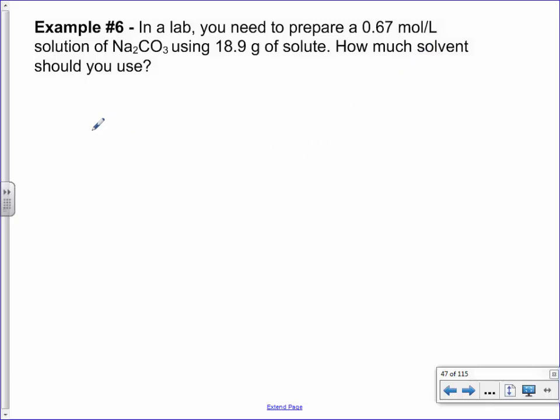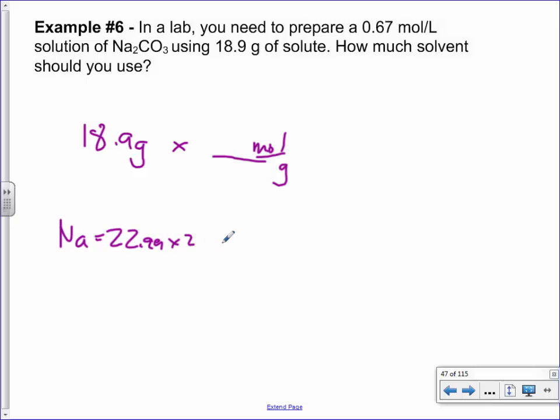So why don't I start with that? 18.9 grams. And I could do moles over grams. Again, where do I find such a number, though? Well, math. I'm going to say that a lot. So sodium, 22.99. You want 2 of them. Carbon, 12.01. Just one of those.